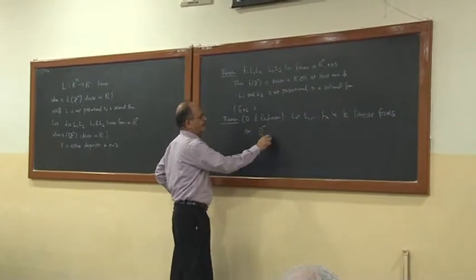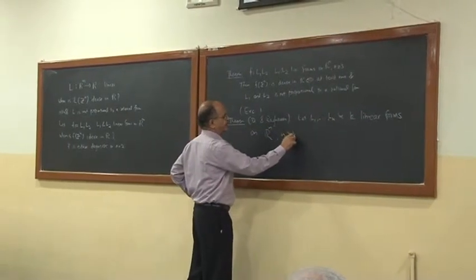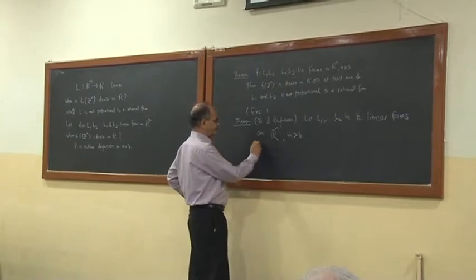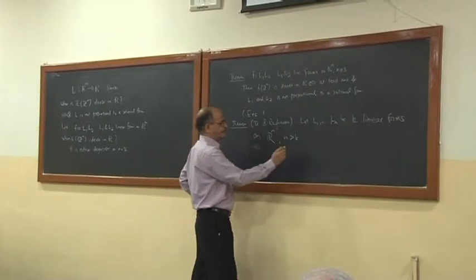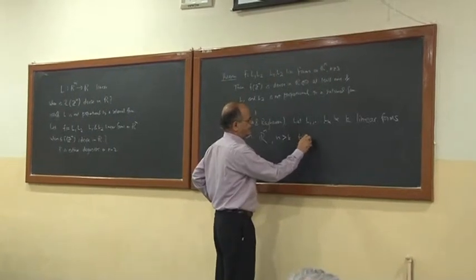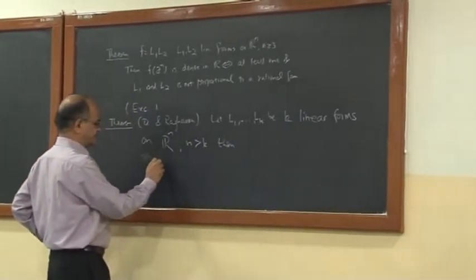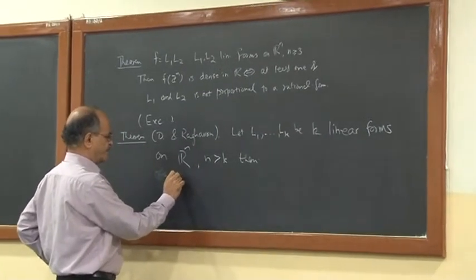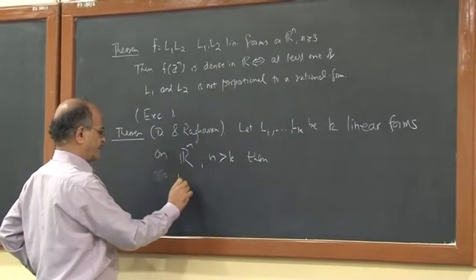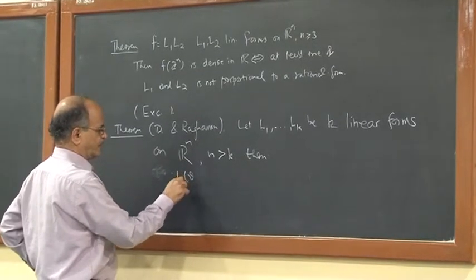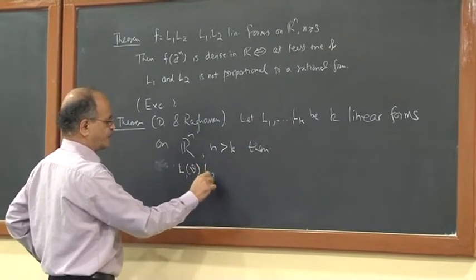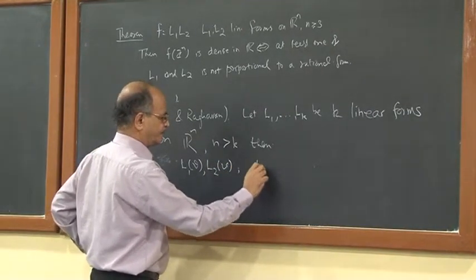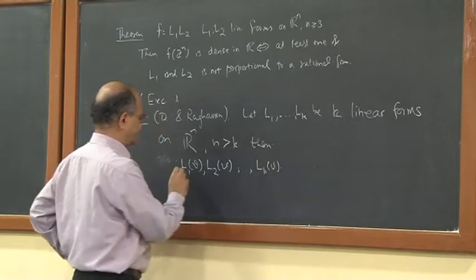If you have L1, L2, ..., Lk, k linear forms on R^n, with n greater than k, and you look at the values L1(v), L2(v), ..., Lk(v), this is in R^k.